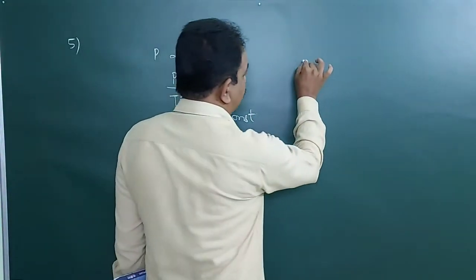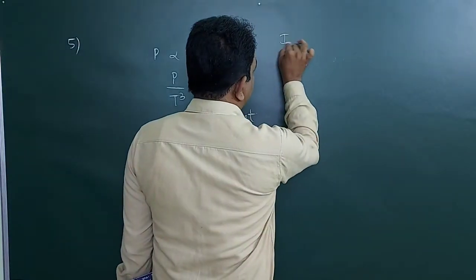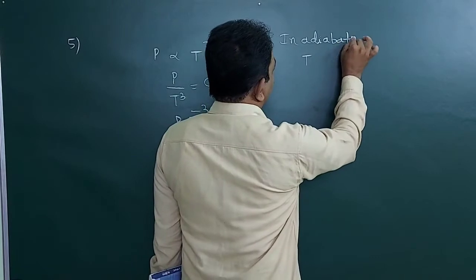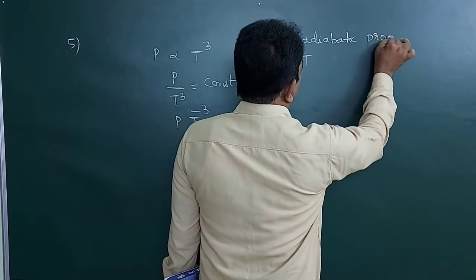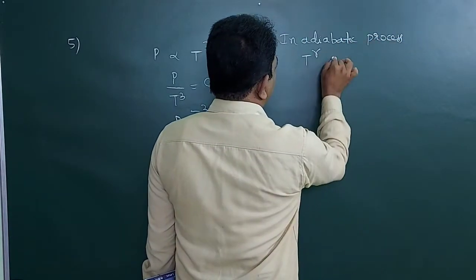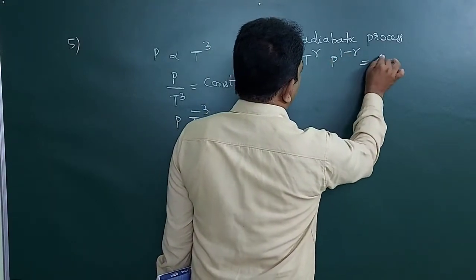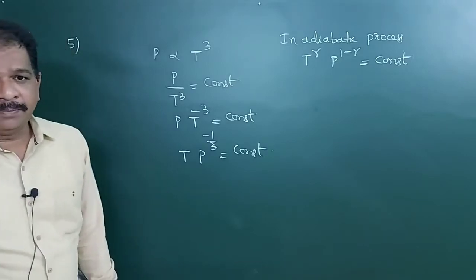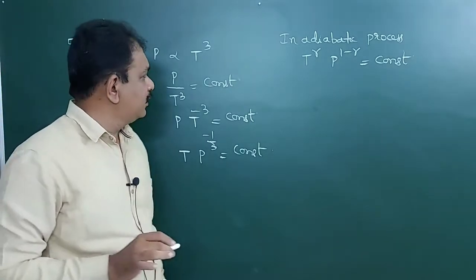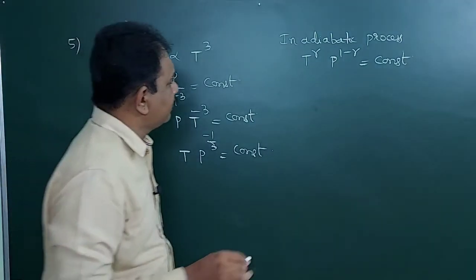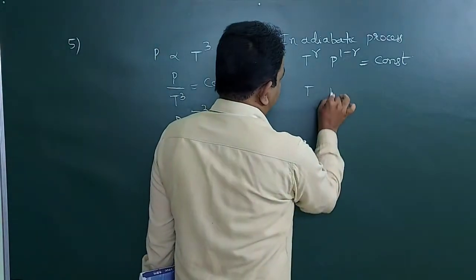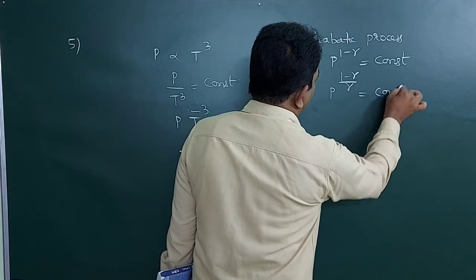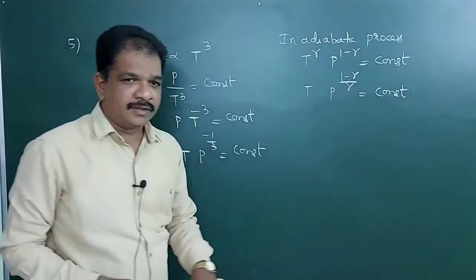Now, in an adiabatic process, the relation between T and P will be T P power 1 minus gamma by gamma is equal to constant.